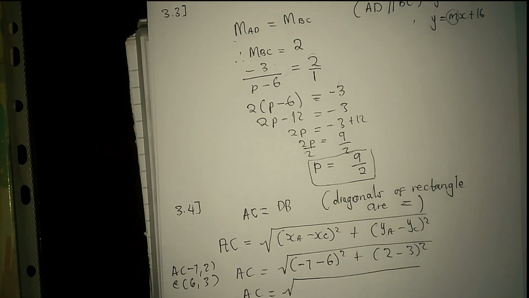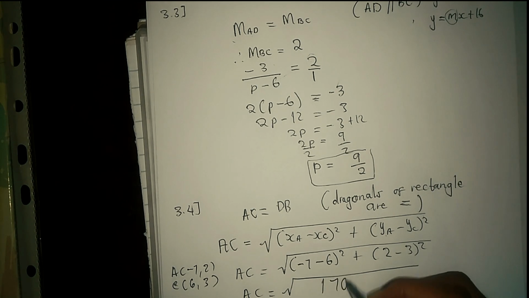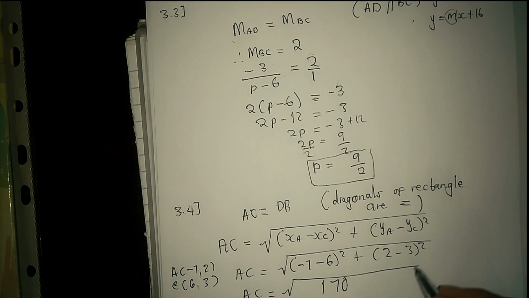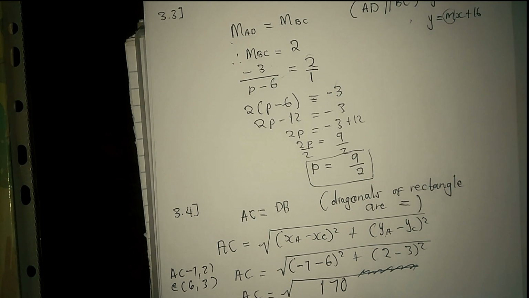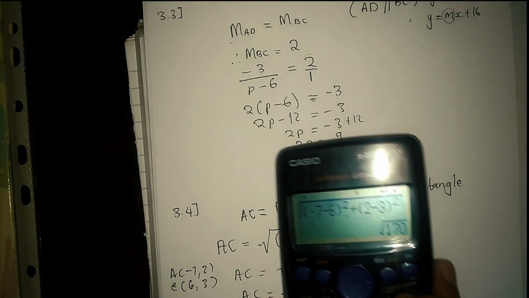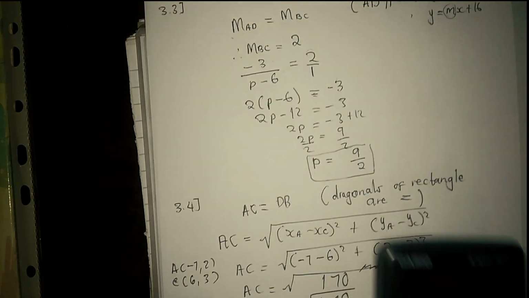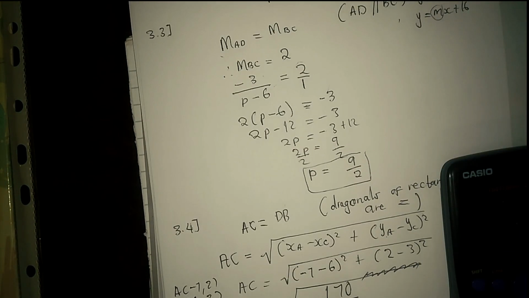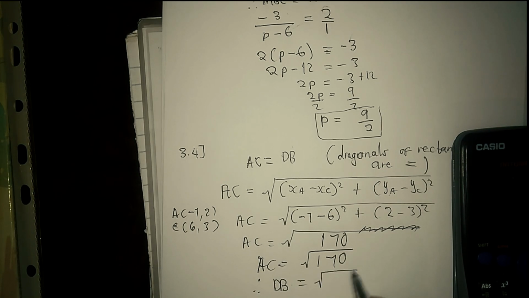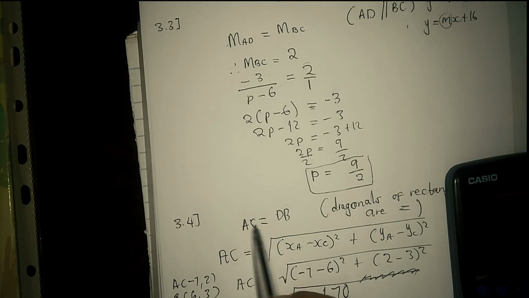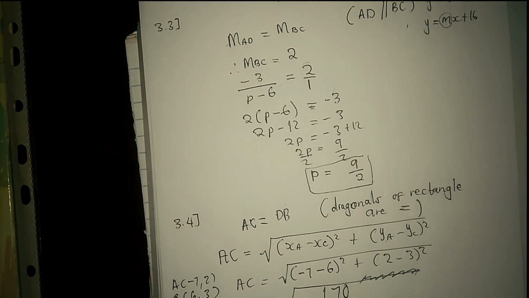The answer is 170. So AC is equal to the square root of 170. This is our answer. Therefore DB is equal to the square root of 170, because the diagonals are equal.